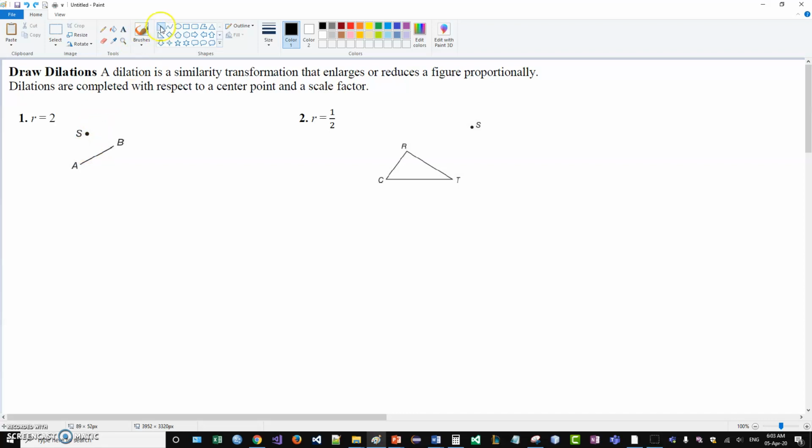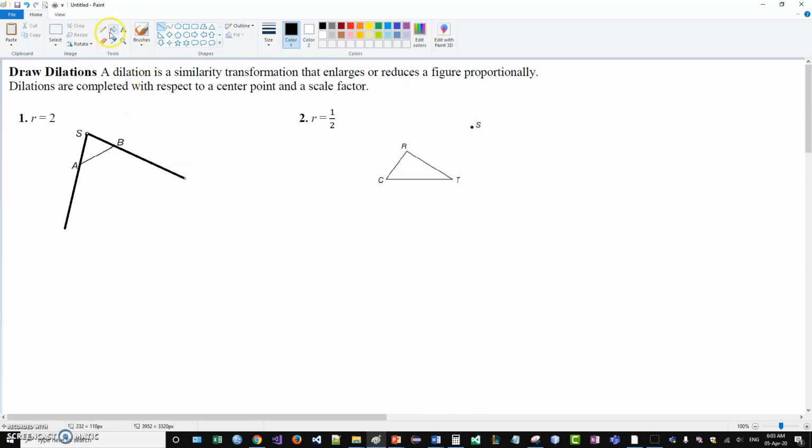Okay, so let's draw a ray from point S to point A and another ray from point S to point B.